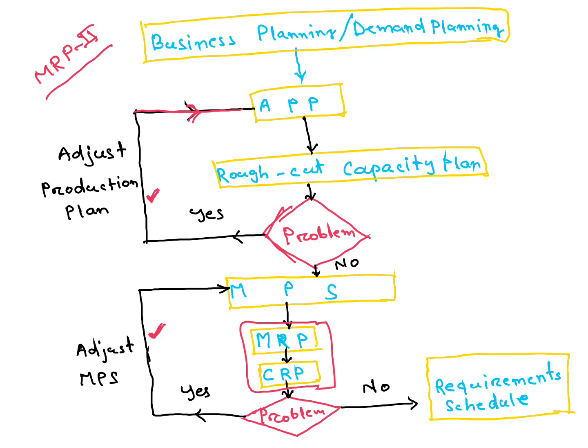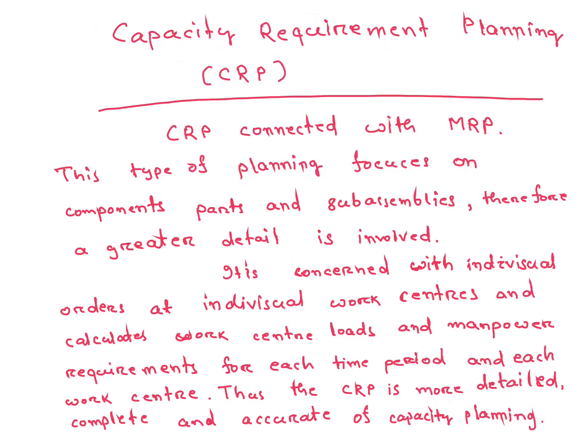Then capacity requirement planning or CRP. CRP is connected with MRP. This type of planning focuses on components, parts and sub-assemblies. Therefore, greater detail is involved here.